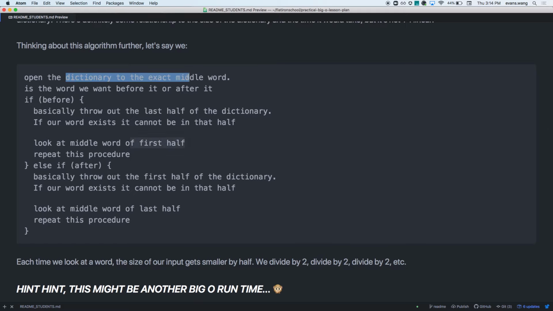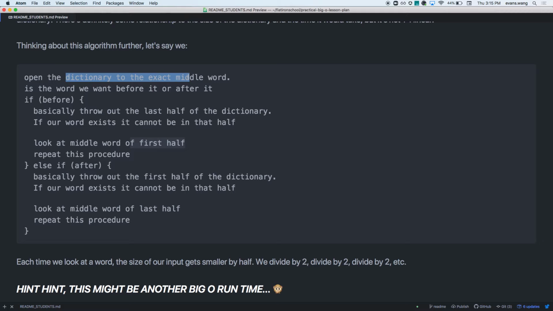If you open the dictionary to exactly half, all you would have to check is: is it in the first half of the dictionary or the second half? And then you cut it in half again and look if it's in the first half or the second half. So each time you're essentially cutting it in half, if you were to do it systematically. If I'm looking for something in G, I can go right to half of the dictionary and go, you know what?